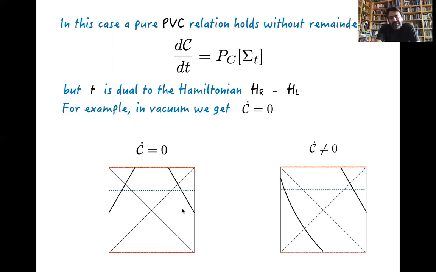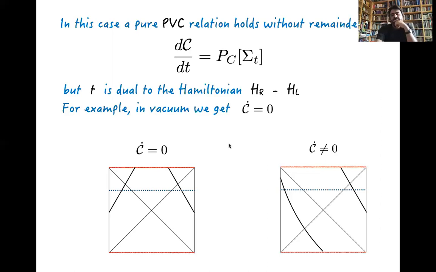This is because here you have infalling, so it will count positive, let's say, but here infalling counts negative because the C field here is outgoing. So what is counted positive in the left side is the outgoing material, okay? So with respect to this time variable, this situation will be stationary. And in order to get a non-zero C dot, you will need to have something which is infalling on the right and outfalling in the left, for example.